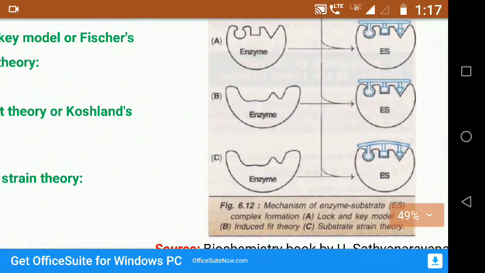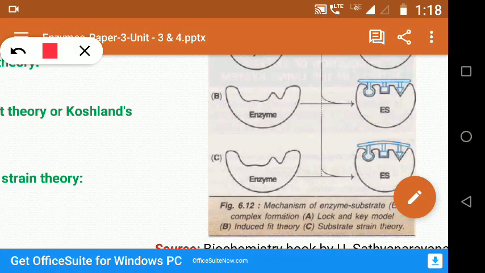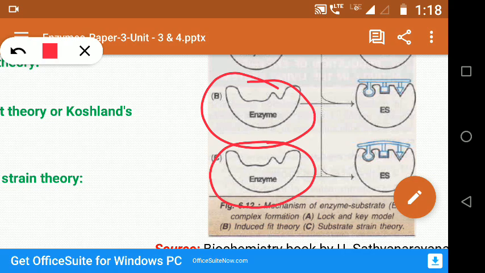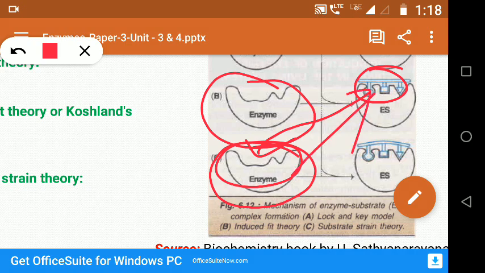Suppose in the substrate strain theory, the enzyme active site is just like the active site proposed in the induced fit theory. So that means it is neither pre-shaped nor a rigid structure. The substrate itself can induce a conformational change in the active site, but the active site is not 100% complementary to the substrate. It is complementary to a transition state. This is the major difference between these two theories.